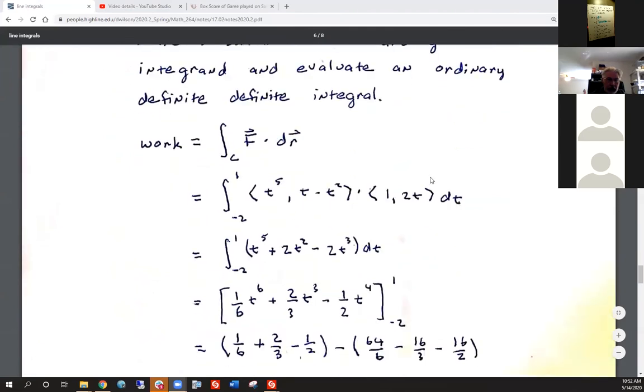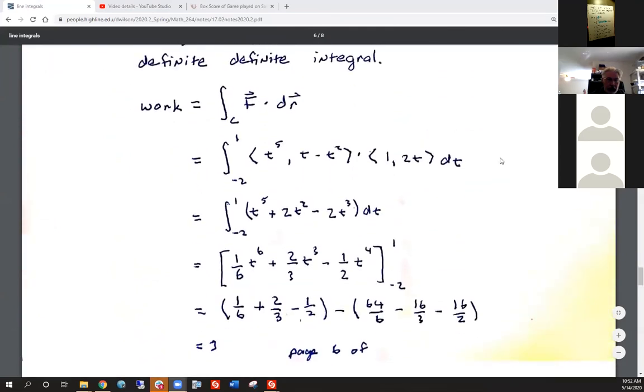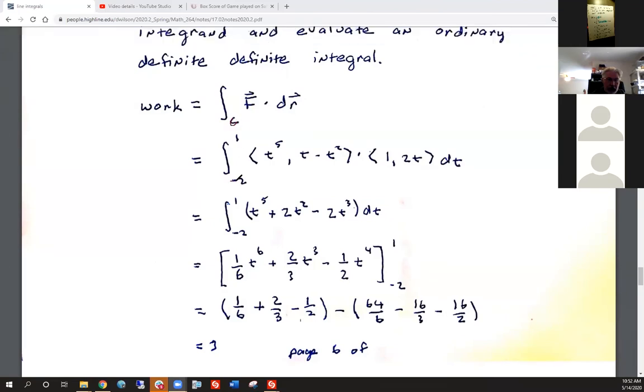All right, let's see if we can knock this thing out. So we've replaced our f dot dr with vectors that are now all in terms of t. And notice that includes replacing our C with t values for our limits of integration. So this thing that we're left with is like a Math 152 integral.